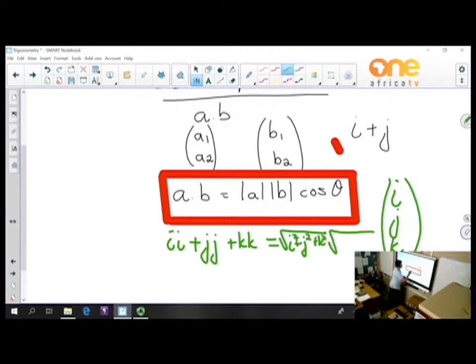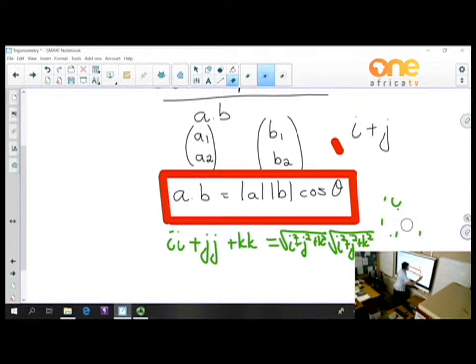Then we multiply it with the second vector, so it is also I squared plus J squared plus K squared. And then we have to find that angle. We actually want to find the angle between 2 vectors, cosine theta. So this is the meaning of A dot B is equal to magnitude A, magnitude B, cosine theta.